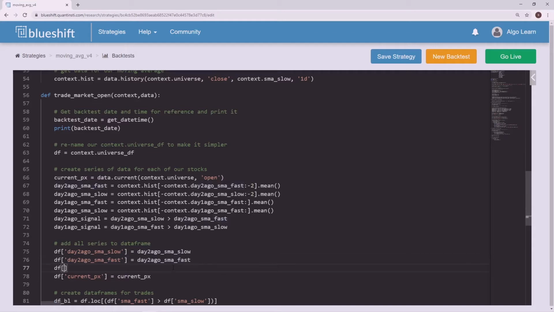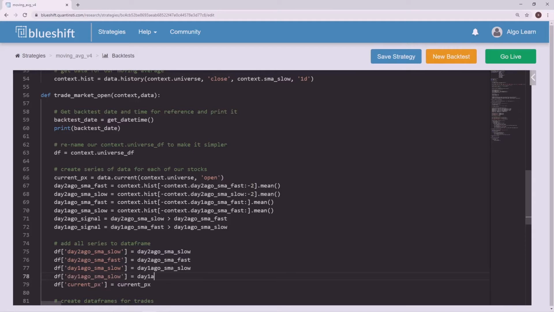So data frame, day 1 ago SMA slow equals day 1 ago slow.